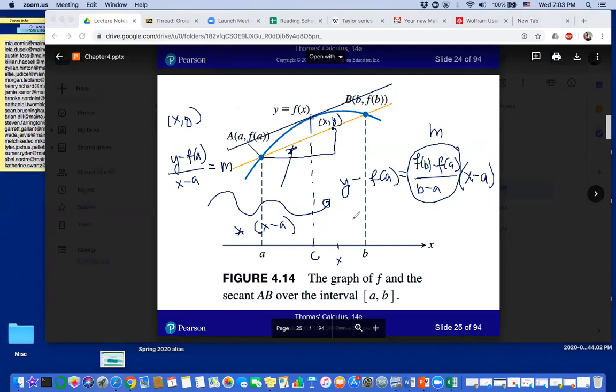So y is equal to f of a plus the slope of the secant line, which I'm going to call m for a second, but m is that difference quotient, times that. I call this whole function g of x. Okay, clear?